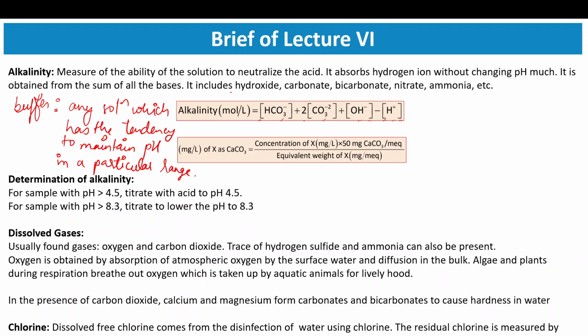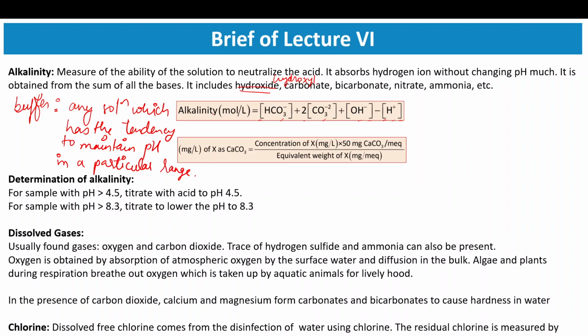As I mentioned, these ions, hydroxyl ions, OH minus, bicarbonates, carbonates, nitrates, etc., contribute to alkalinity because they have the tendency to neutralize H plus, and H plus will be subtracted.